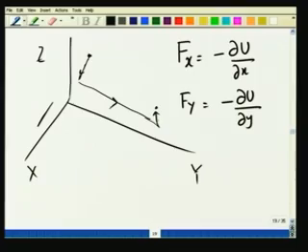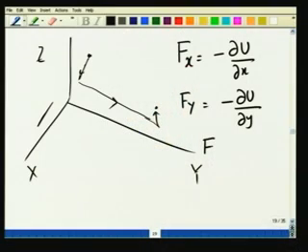And similarly, when I move along the z axis, the only component of the force that changes the u is the z component, and therefore, this is partial of u with respect to partial of z.